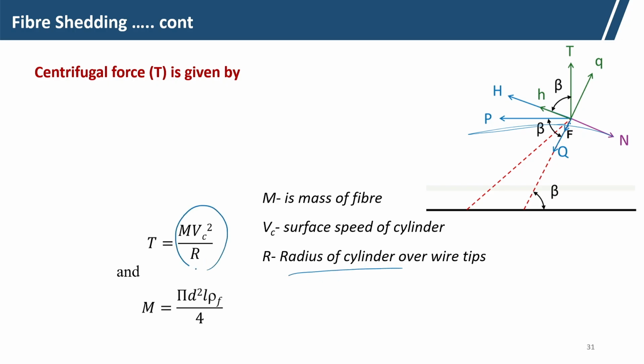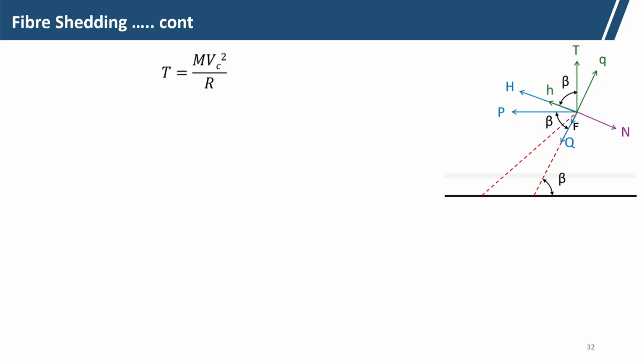So, here is the total centrifugal force which actually helps the fiber to move out of the cylinder. d is the fiber diameter, L is the fiber length, rho is the fiber density. From this equation we can calculate the centrifugal force. Okay. Now, centrifugal force is T, m v c square by r.